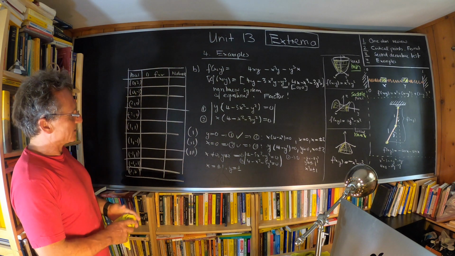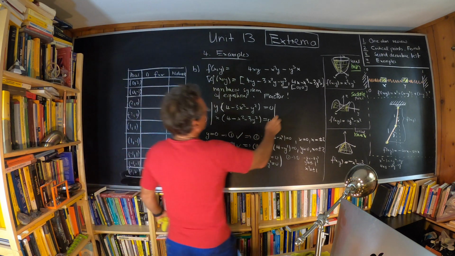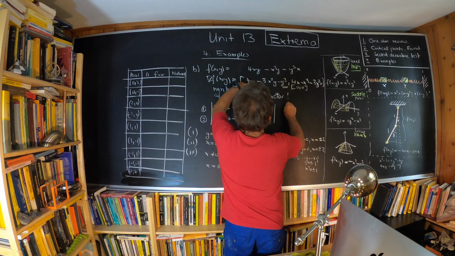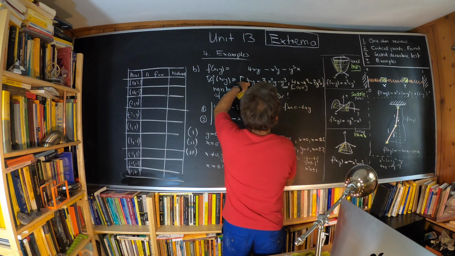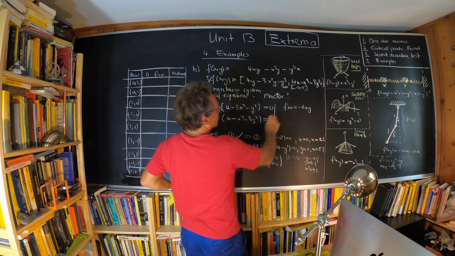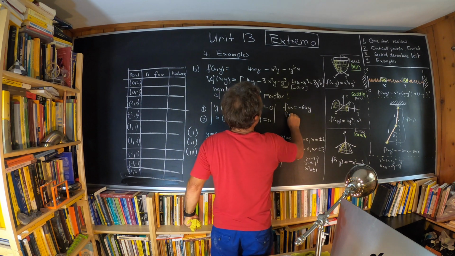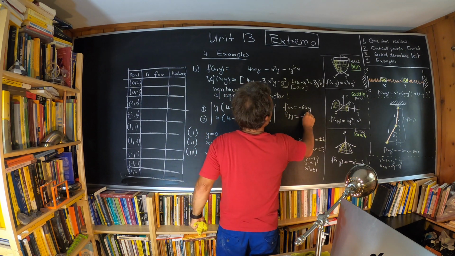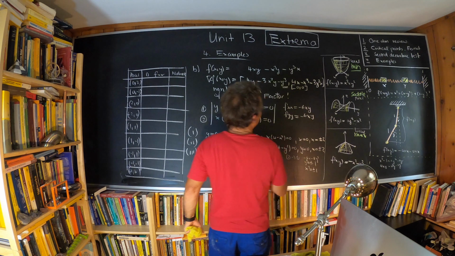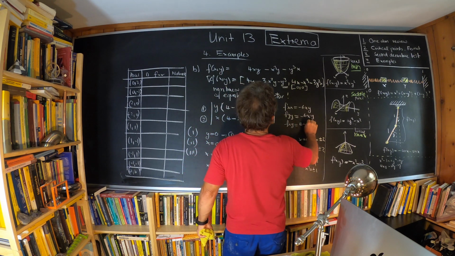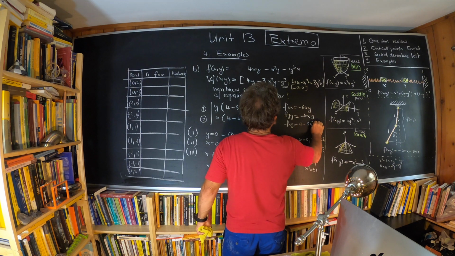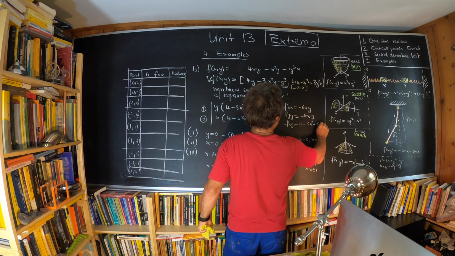So let's look at d. What we have to do is compute fxx, that's minus 6xy, and then we have fyy, which is minus 6xy, and then we have fxy, which is equal to 4 minus 3x squared minus 3y squared.